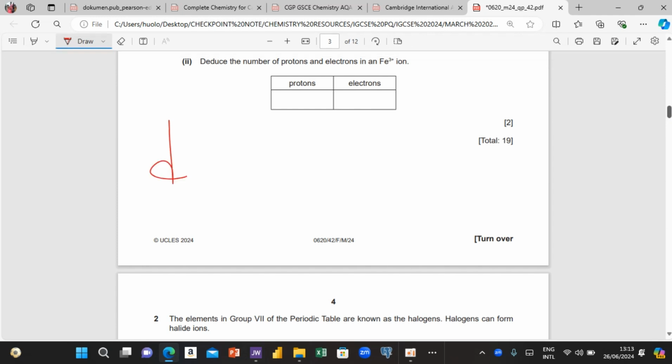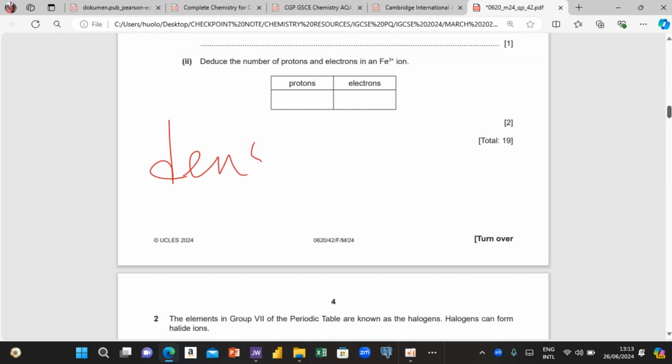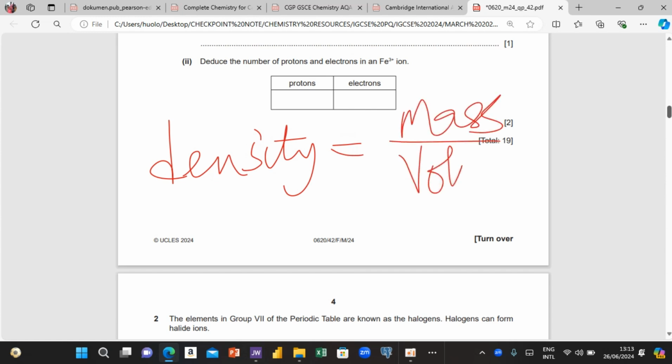Density, you know that density is mass over volume. Okay, that's density. And you know from your elementary physics that mass is the same thing as the quantity of matter, in other words, the amount of particles in a given volume. That's what density is.